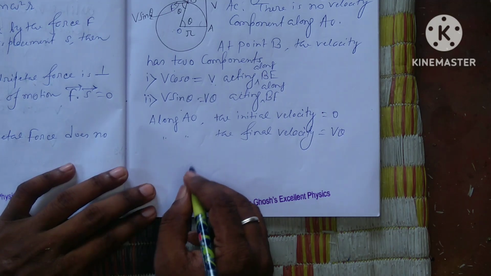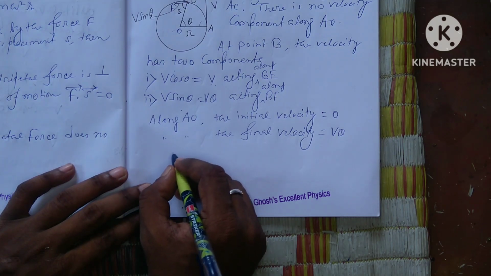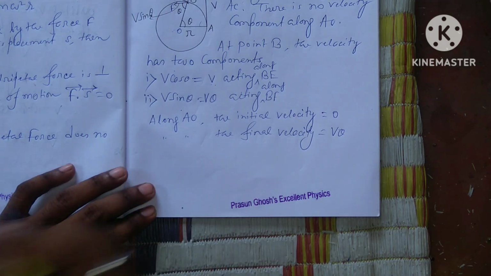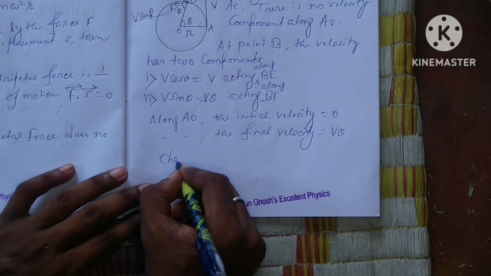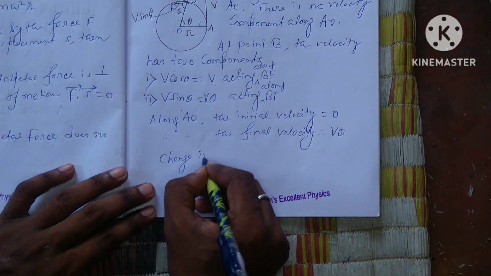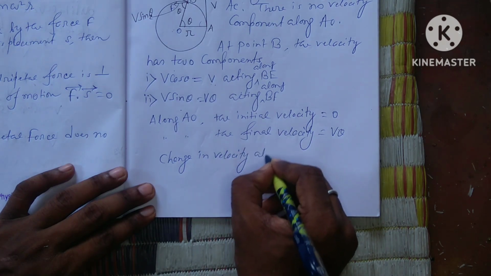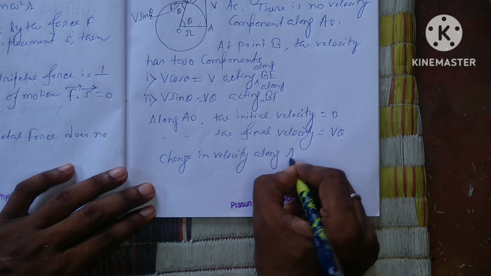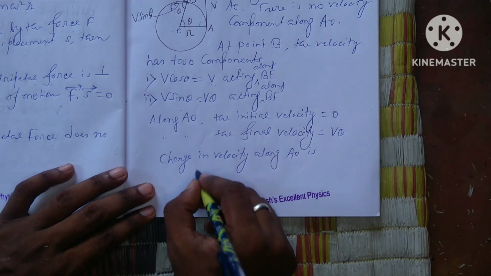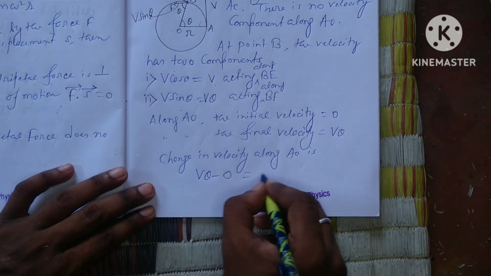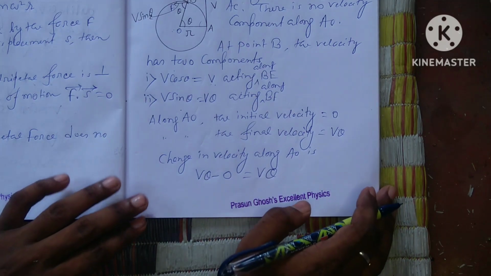So change in velocity along AO is v theta minus 0, so we can write v theta.